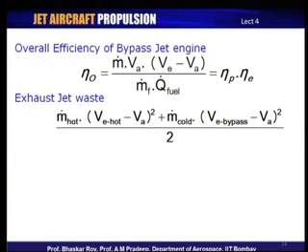Now, overall efficiency of such a bypass engine without reheat can again be written down in terms of the hot exhaust waste energy. As you can see here, you have two versions, one is the cold, another is the hot.